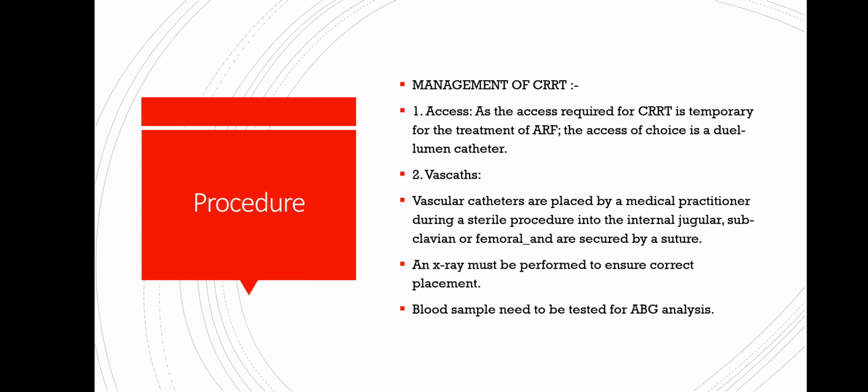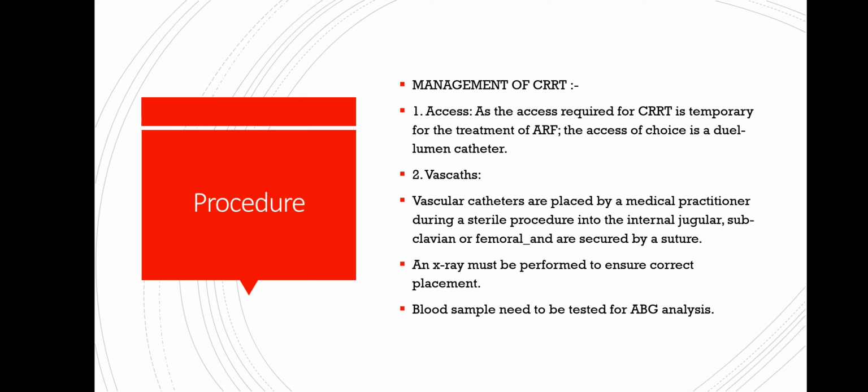Procedures for management of CRRT: first, assess vascular catheters, then X-rays, then blood samples. The access required for CRRT is temporary for the treatment, and the access of choice is a double lumen catheter.